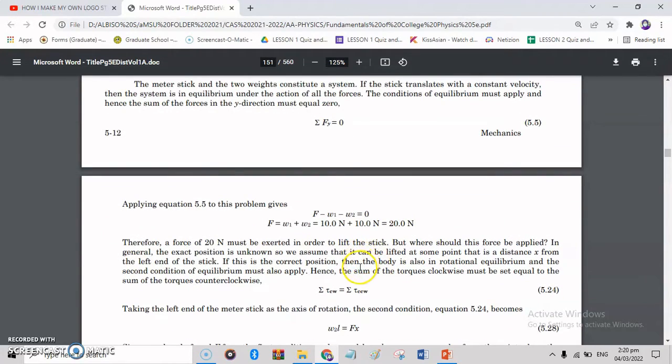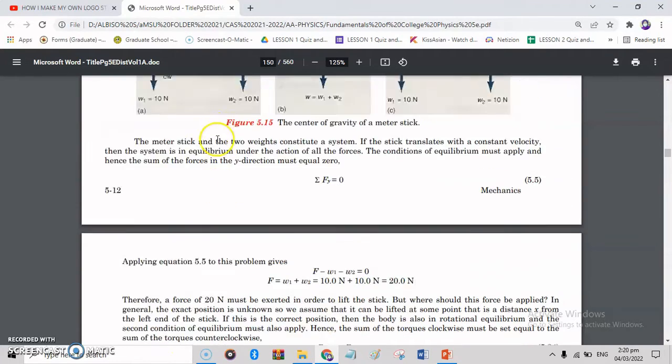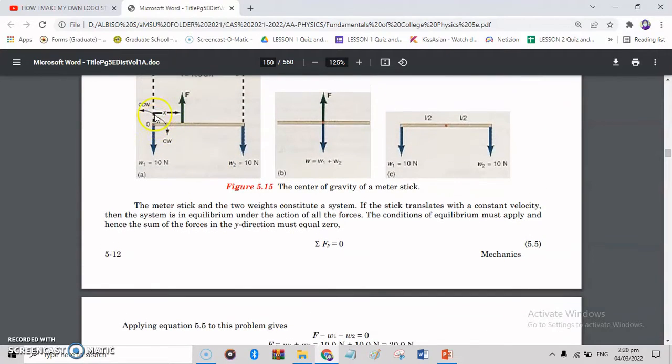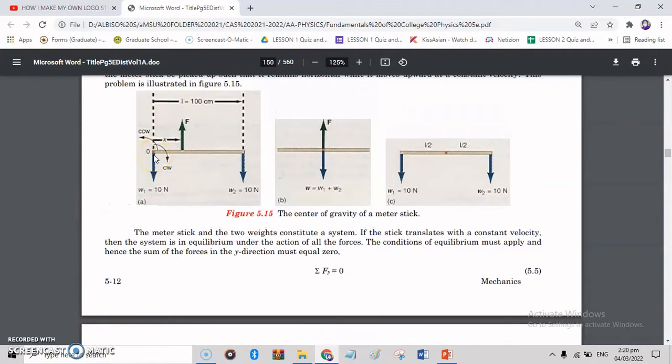For it to have rotational equilibrium, we use equation 5.24: the torque clockwise is equal to the torque counterclockwise. Taking the left end of the meter stick as the axis of rotation, this is where the origin is.